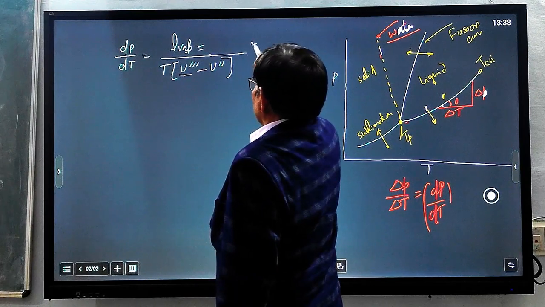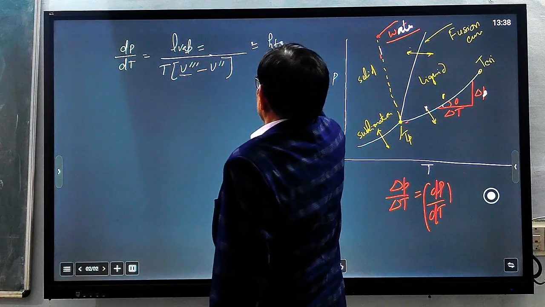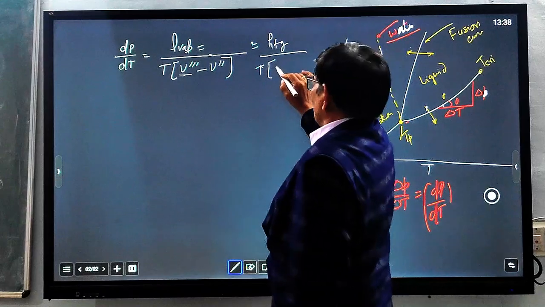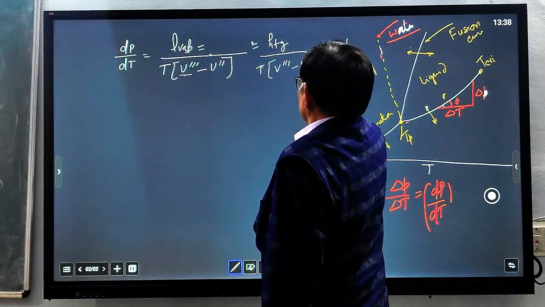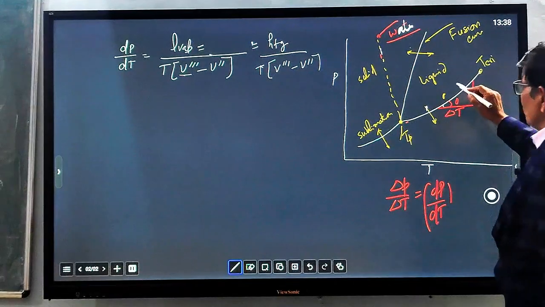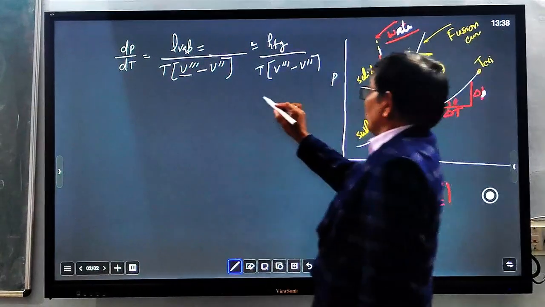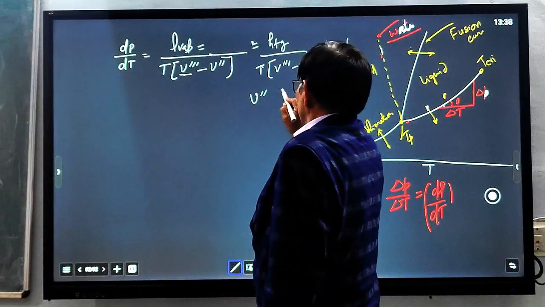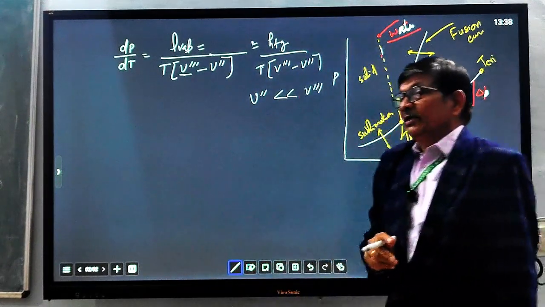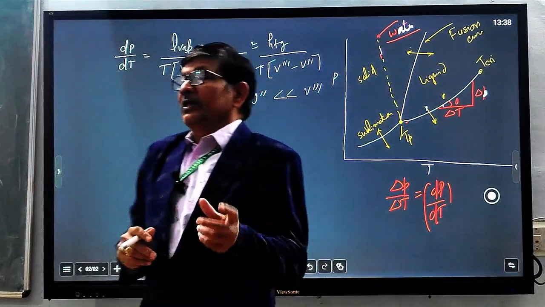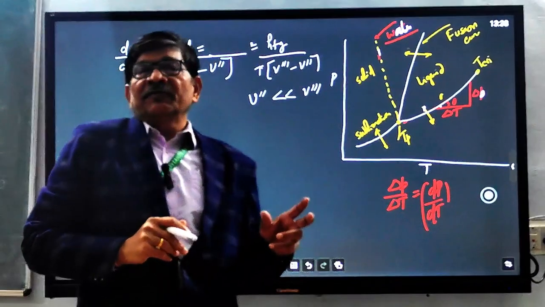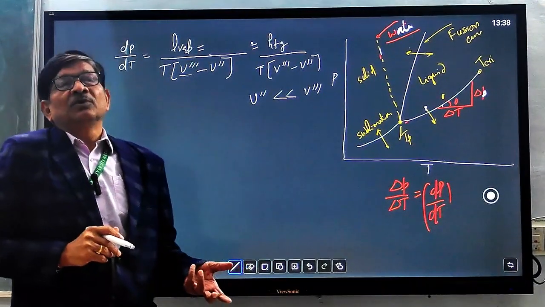L vaporization you can write as HFG, because the volume is changing from fluid to gas, V third minus V second. And we know that the volume of the liquid, V second, is very small compared to V third, because even for water, 1 cubic centimeter of water changes into 1617 cubic centimeter of vapor.